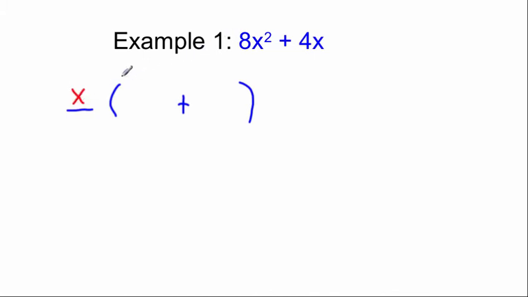Now I would have multiplied x onto, it looks like 8x would do the trick right here. Let's double check that. If I multiply 8x times x, I get 8x squared, so that looks pretty good. And then I would have multiplied x onto 4, it looks like. So that would give me very nicely 4x. So that is a factor, and that was a variable factor.